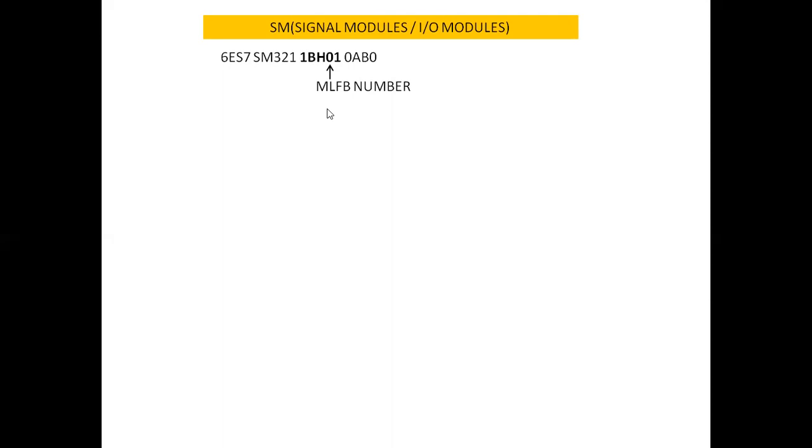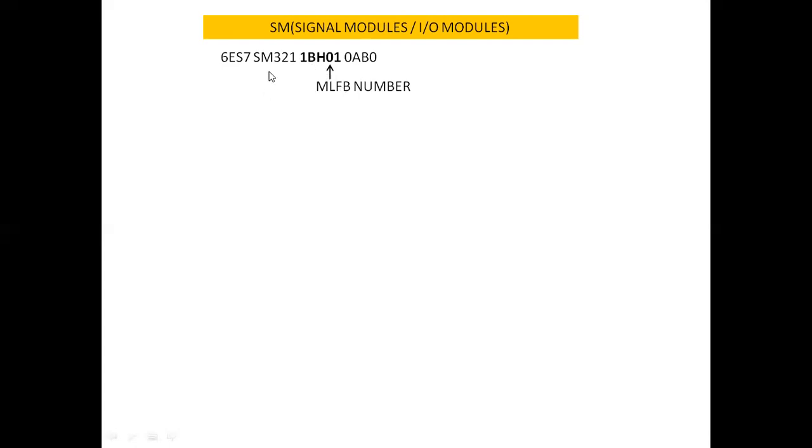In German abbreviation, it stands for a manufacturer's label fabrication number, but in English, we call it the machine readable catalog number. It's like a catalog number to select your module. These 5 letters will be different for different ranges of modules.